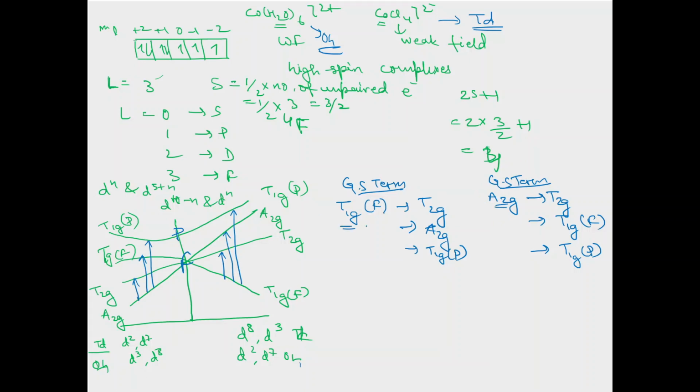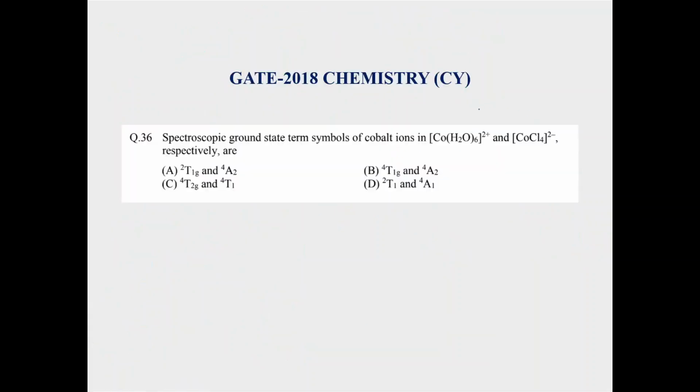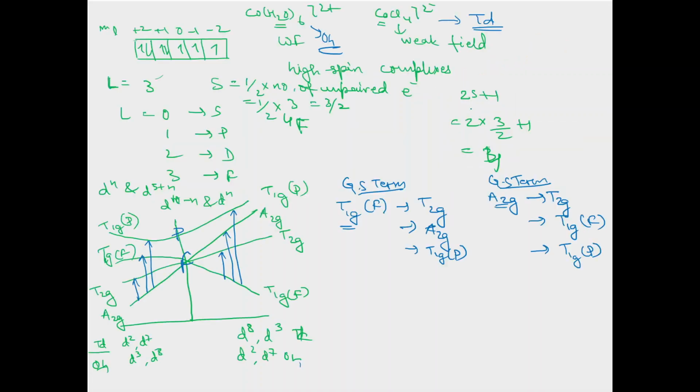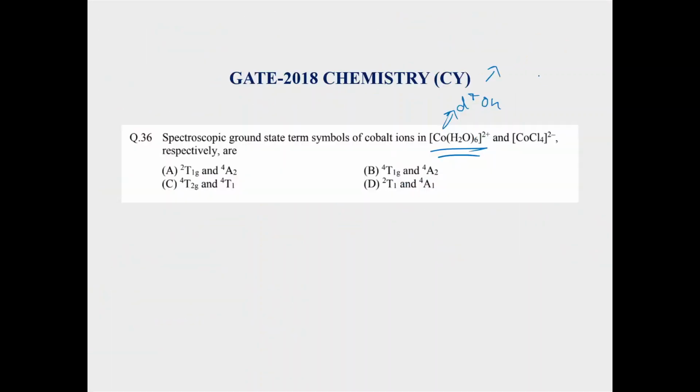Among the given options, we know that for [Co(H2O)6]2+, which is an octahedral d7 system, the ground state term is T1g. Okay, and for [CoCl4]2-, that is d7 tetrahedral, the ground state term is A2g.